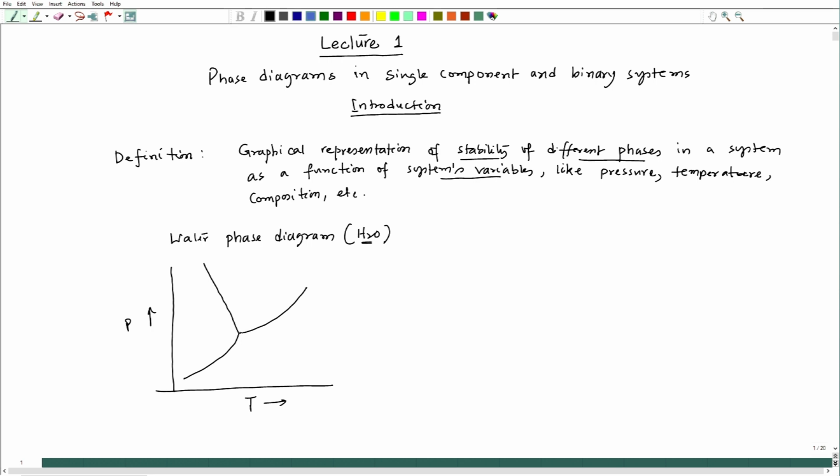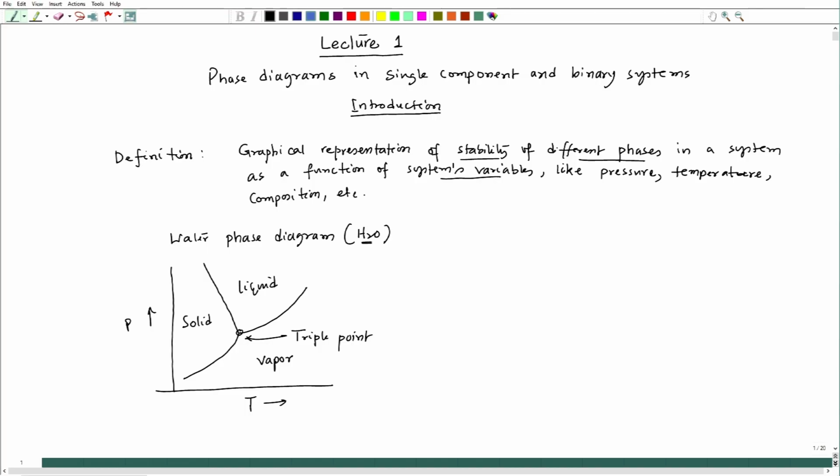So, this is called the triple point, and these lines are basically phase boundary lines, and here we have solid water, here we have liquid water, and here we have vapor. And we will see later on what those specific temperatures and pressures are, all those points we will understand later. But I am just giving some idea about the stability of different phases in a system and what the system variables are.